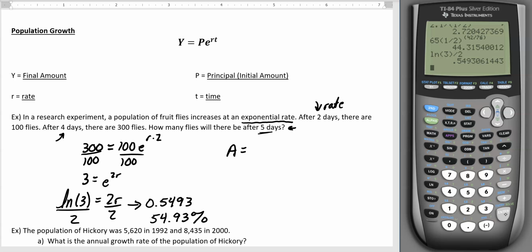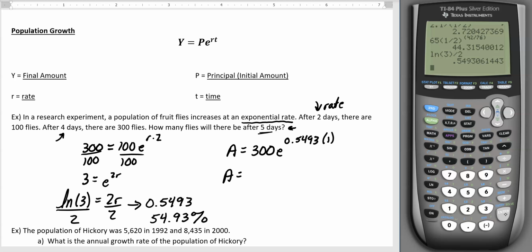I'm starting day 4 with 300 flies. I know that the rate is 0.5493. And then how many days? It'd just be 1 day later, right? Day 5. I want to see how many there are.